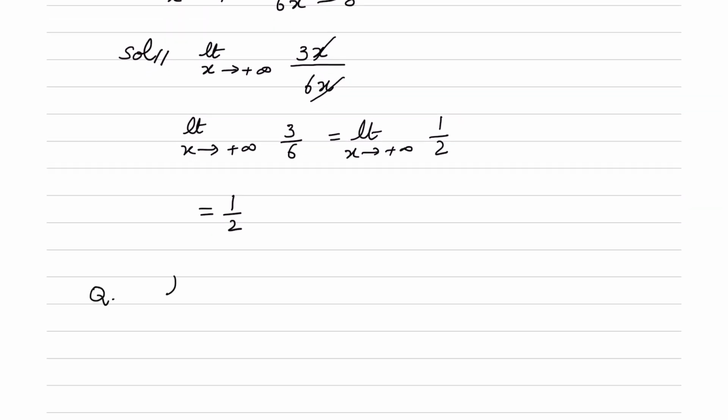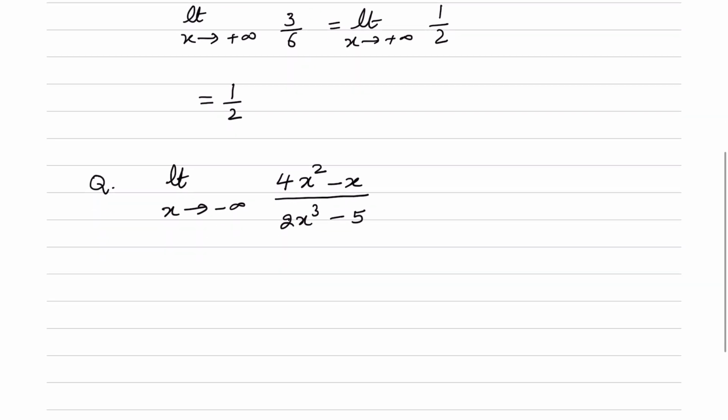This time we have to find the limit when x is approaching minus infinity for the rational function 4x square minus x divided by 2x cube minus 5. Again, you keep the highest degree term in the numerator and the highest degree term in the denominator, but only in the case when the limit is being calculated at infinity or minus infinity.